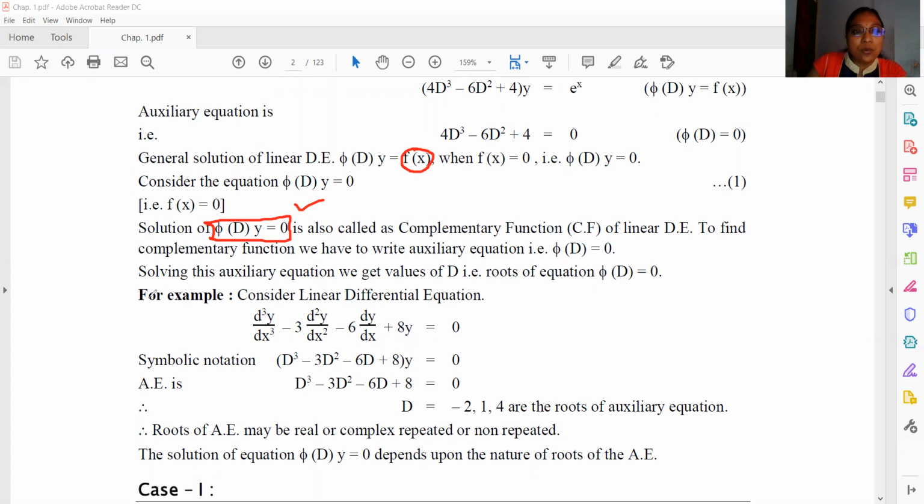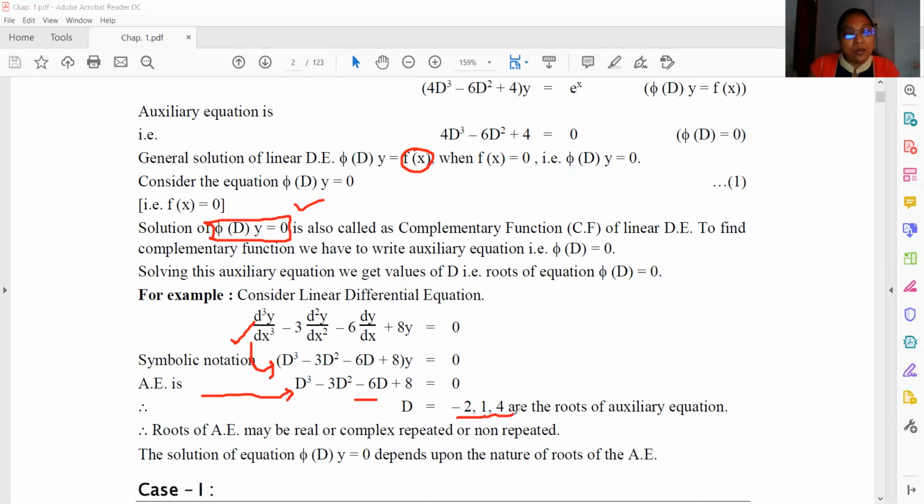Suppose we have the equation d³y/dx³ minus 3d²y/dx² minus 6dy/dx plus 8y equal to 0. When you convert this in terms of capital D and write its auxiliary equation, it is like this. And when we solve this auxiliary equation, we get the values of D.